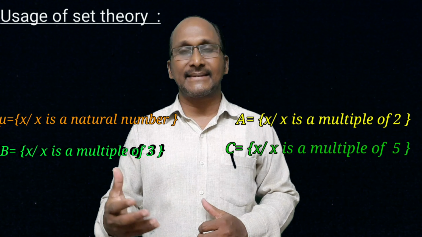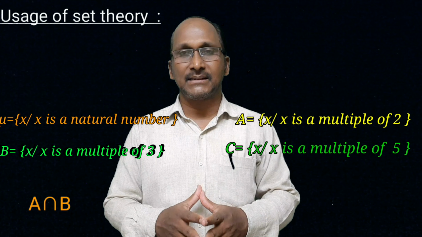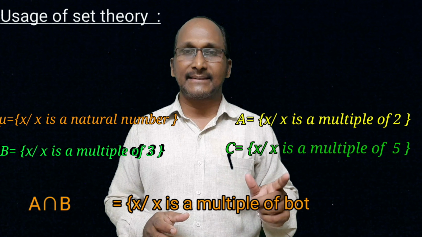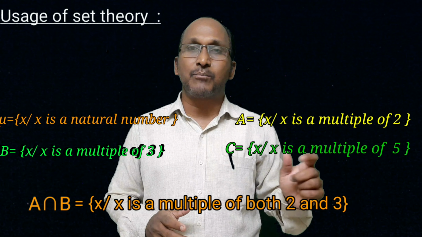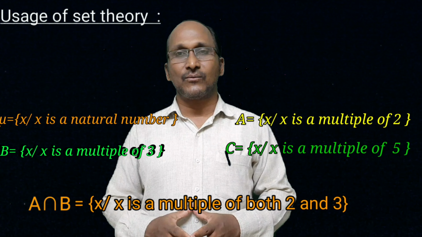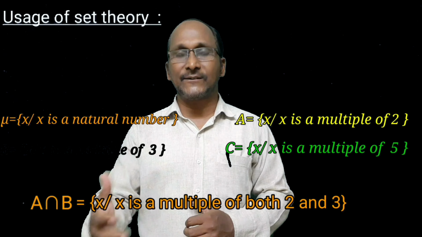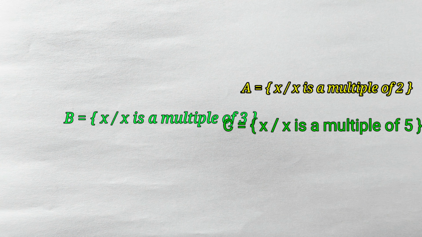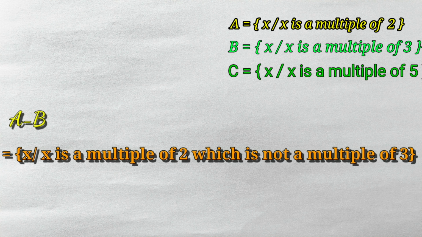If you take the set A intersection B, it gives the meaning that the set of x such that x is a multiple of both 2 and 3. In the same way, let us see the meaning of these sets in a different combination. If we take the set A minus B, it gives the meaning that the set of x such that x is a multiple of 2 which is not a multiple of 3.